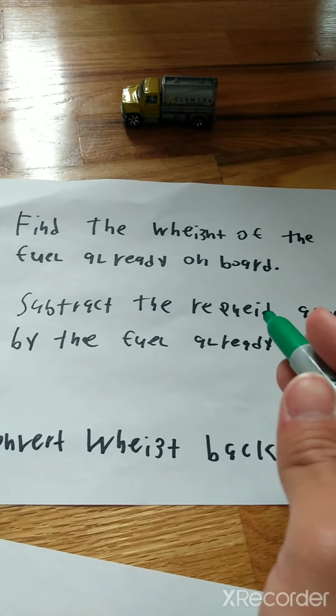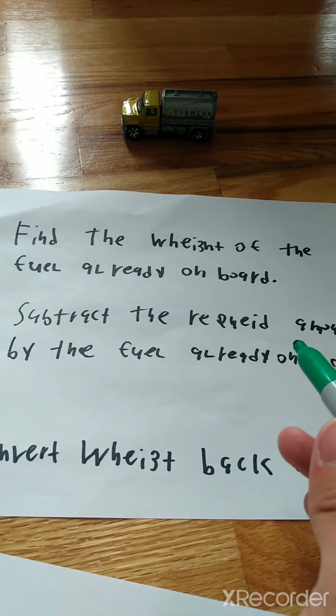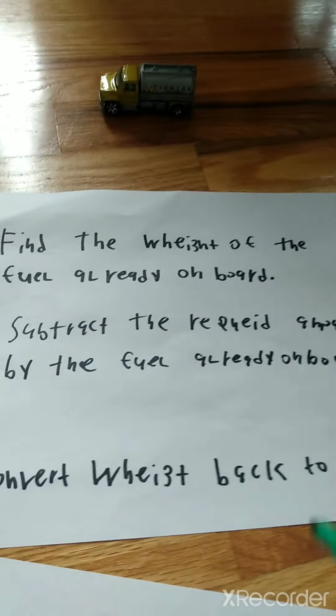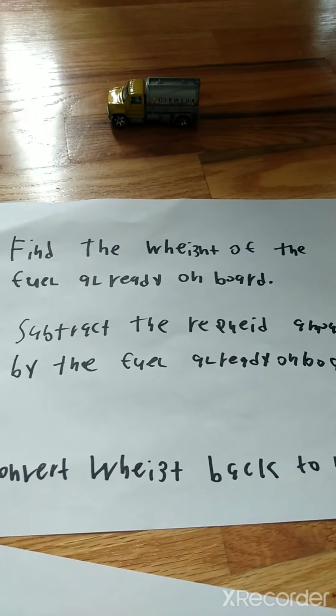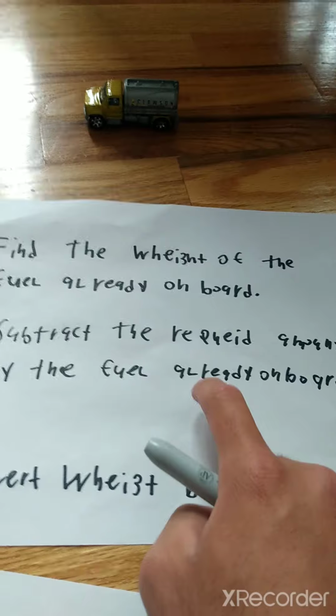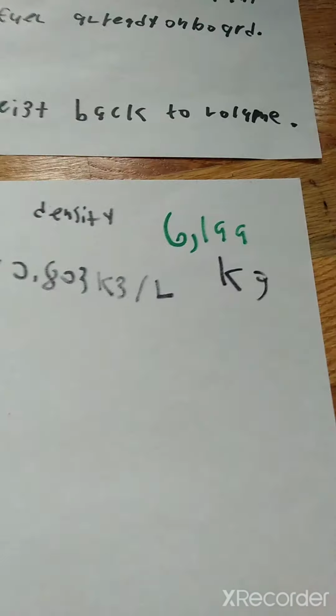What we just did is step number 1: find the weight of the fuel already on board. Now we have to go to step number 2: subtract the required amount of fuel by the fuel already on board. This is the easiest step.